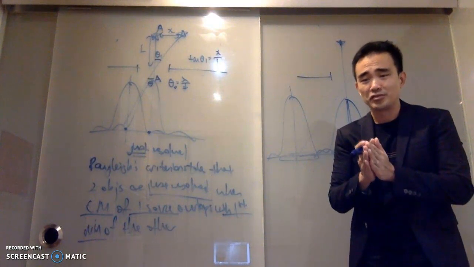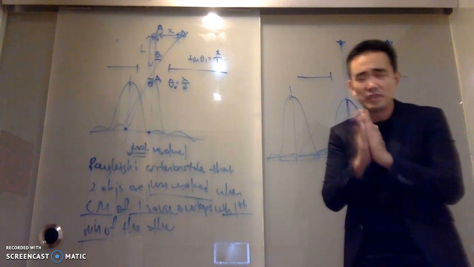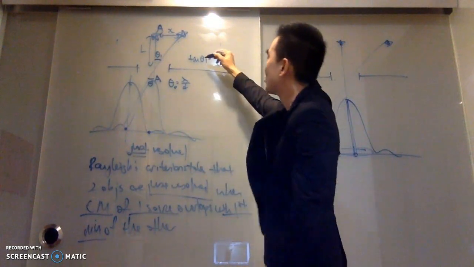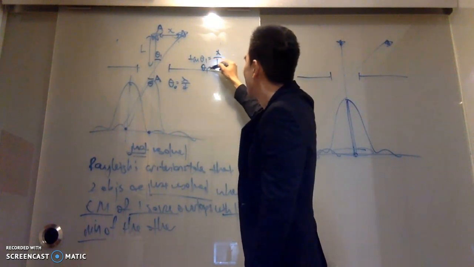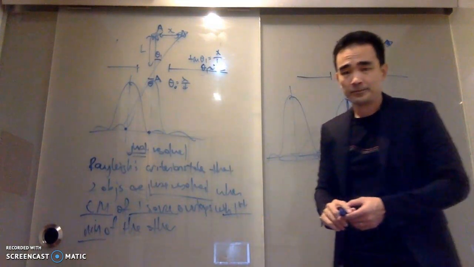You don't expect the object to be just in front of you and can't resolve, right? So the angles subtended by the two objects are going to be really, really small. Therefore theta 1 is usually small, and we can say that theta 1 is approximately x upon L.